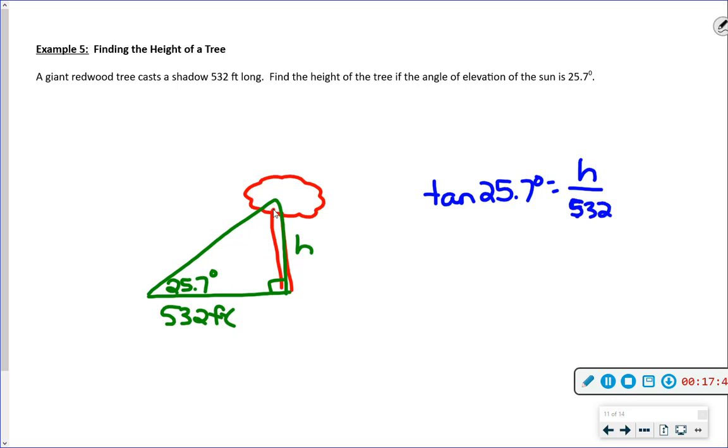To go to your calculator, I know you guys know to get rid of that 532, you're just going to multiply. So punch that in your calculator. It didn't say what to round to. Surprise me, I guess, on how tall the tree is. 256 you should get. I'm going to label 256 feet.